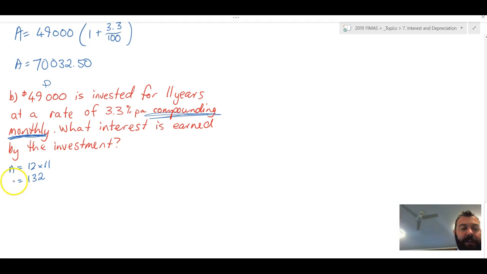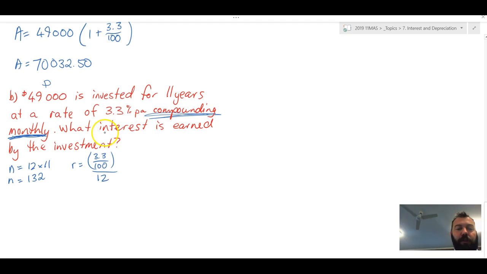N is 132. Also, my interest rate says per annum, but I'm not compounding it annually, I'm compounding it monthly. So my R is 3.3 over 100 all over 12. That's what R is going to be, because we've been quoted an annual figure when we are compounding it monthly.